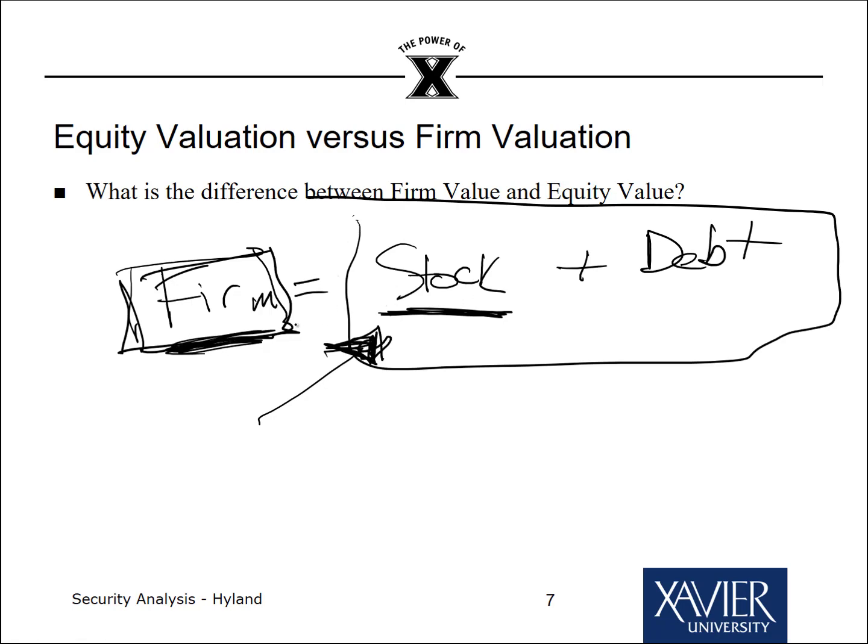So if I'm going to do equity analysis, if I'm trying to identify stocks that are trading for less than their value, they can still be very good firms, just that they're overpriced maybe right now. So really keep in mind the difference between a firm's value and the value of a firm's stock.